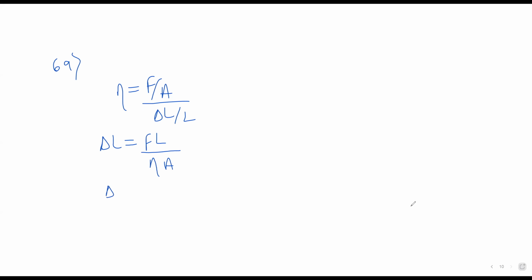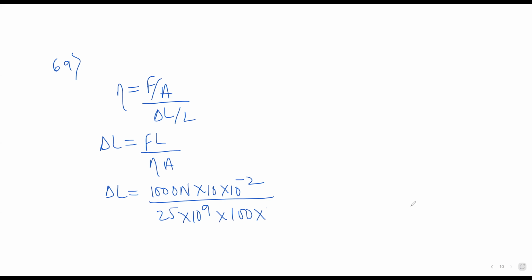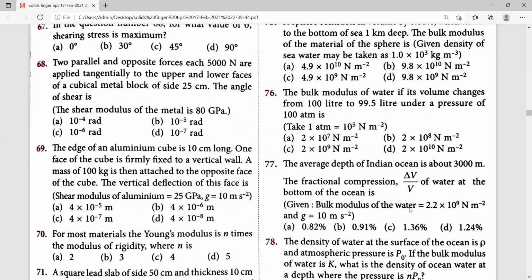Substitute all the values, that is 1000 Newton into 10 into 10 to the power of -2 divided by neta value 25 into 10 to the power of 9 into 100 area into 10 to the power of -4. If you simplify this, it becomes 4 into 10 to the power of -7 meter. So according to this, for the 69th one, the right answer is C one.